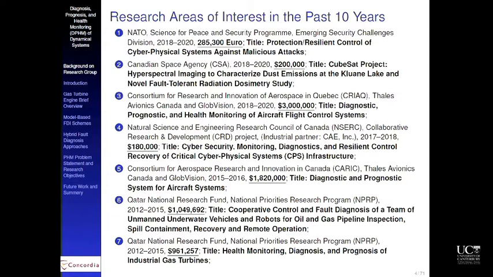So their interest is if somebody can hack into their unmanned aerial vehicles and cause damage to the system. So we are looking at that target application in this project with CAE.